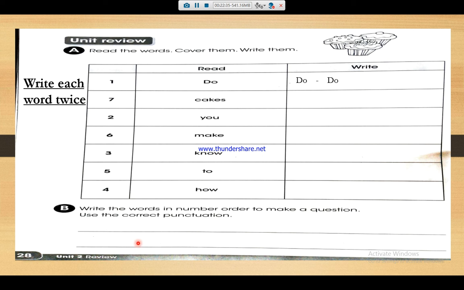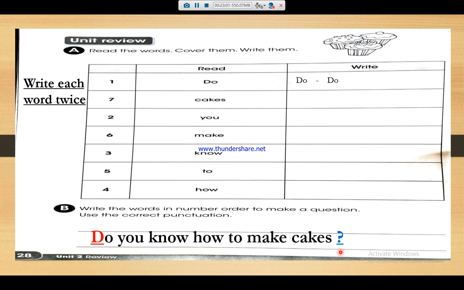But we have 2 important tips for you. Number 1, please begin with a capital letter and put the correct punctuation at the very end. So here we have, do you know how to make cakes? What do we have to begin with? We have to begin with a capital letter.